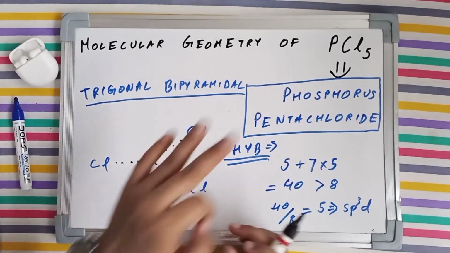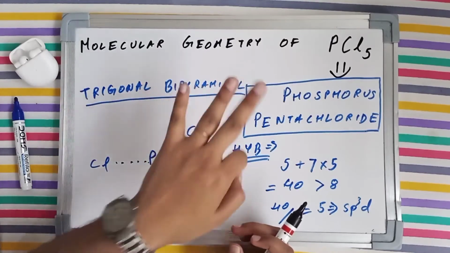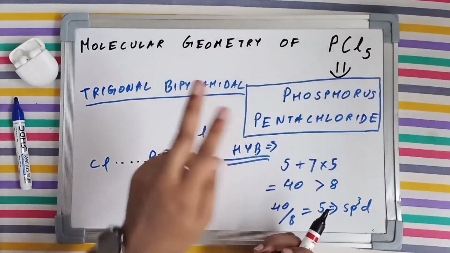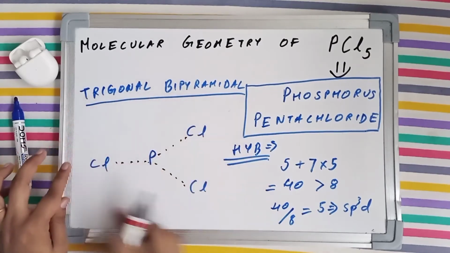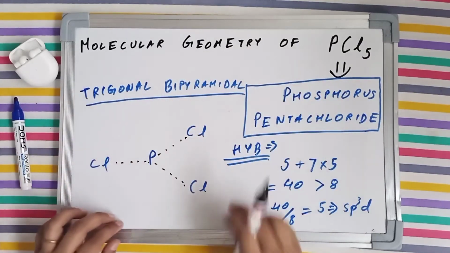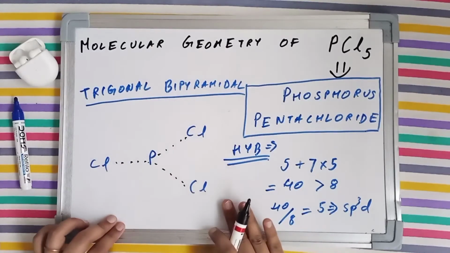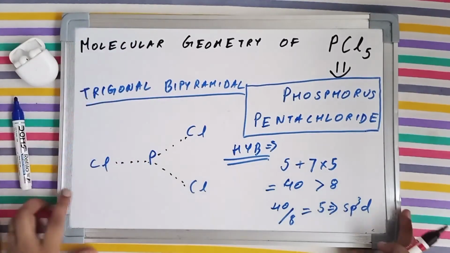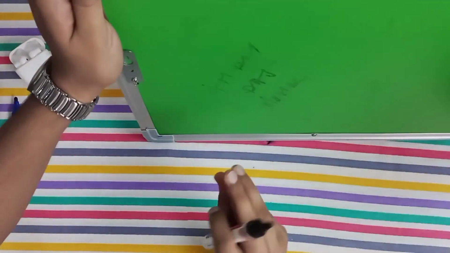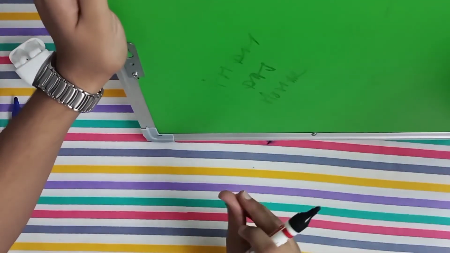Phosphorus has bonded with 3 chlorine atoms. You have 2 chlorine atoms left. Suppose this PCl3 is in a plane, residing in this board, and there is a chlorine on top, and there is a chlorine below. Are you able to see it?